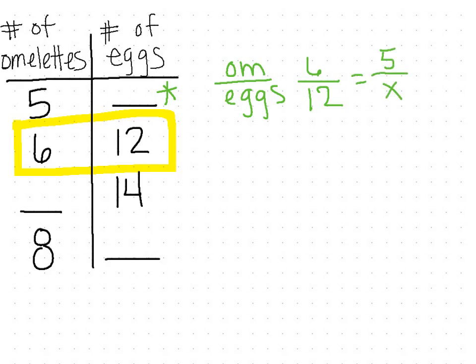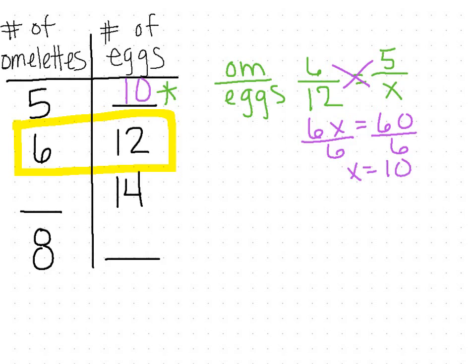We can cross multiply. 6 times x, 6x. 5 times 12 is 60. Divide by 6. And this would be 10 eggs. So I can fill in 10 there. And we simply do the same thing for our other blanks.